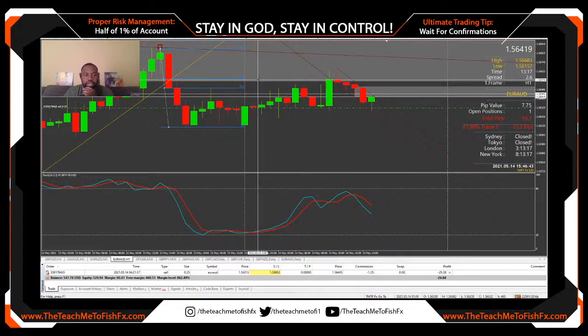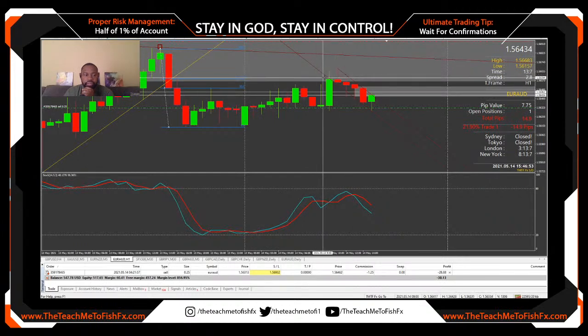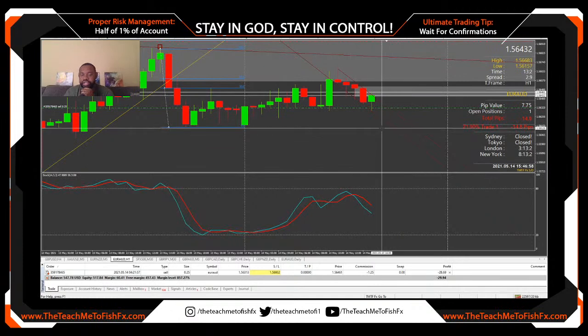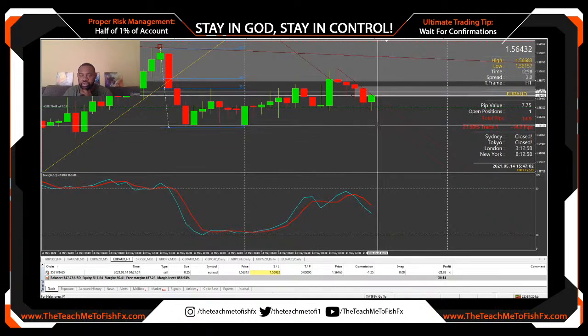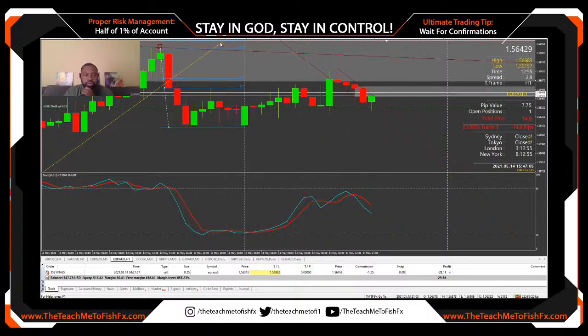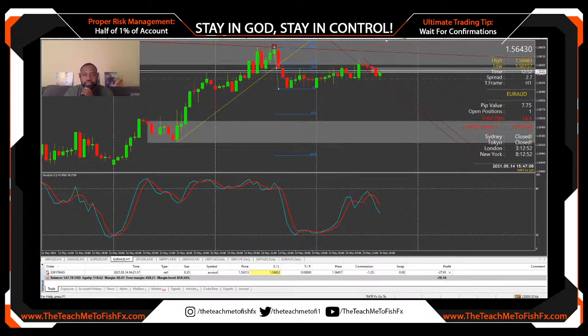I don't believe we got a close above the 61.8, and that was rejected off of. Again, the confluence is what's giving me confidence that this trade will eventually go in our favor. Hopefully we can get that done for us. That was the 1 hour.